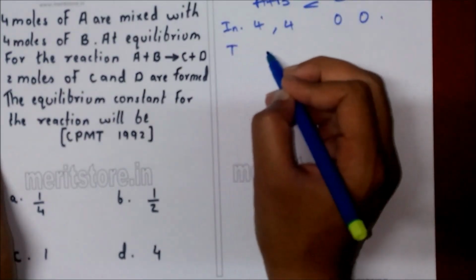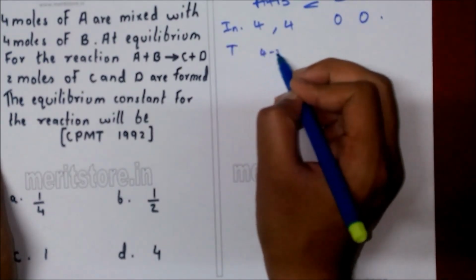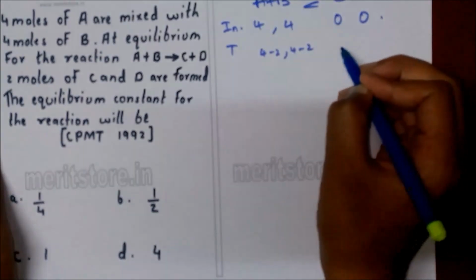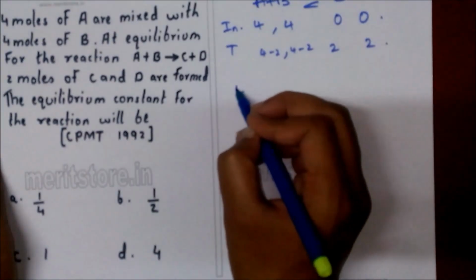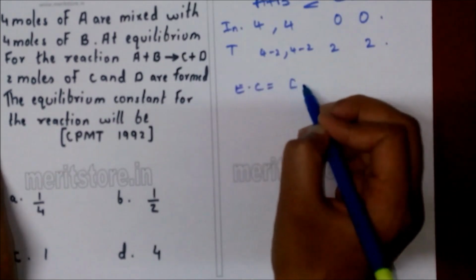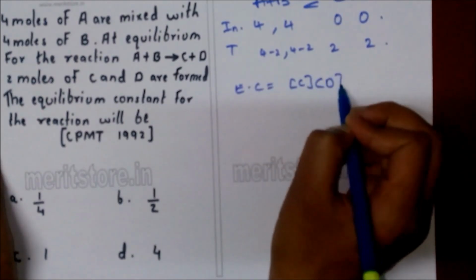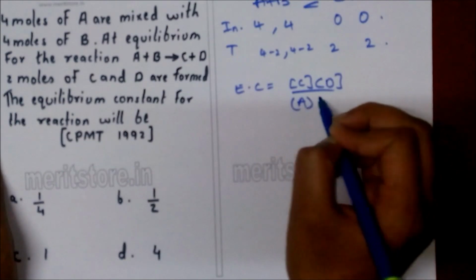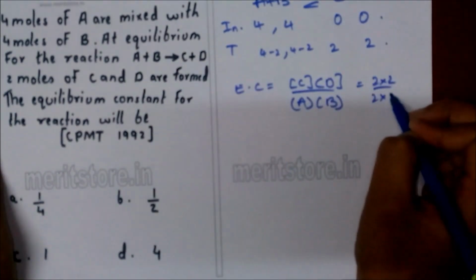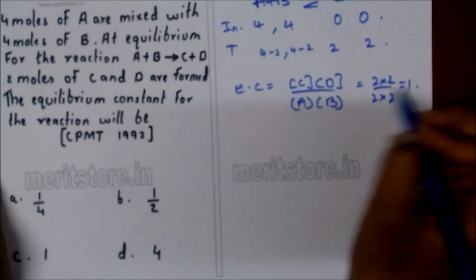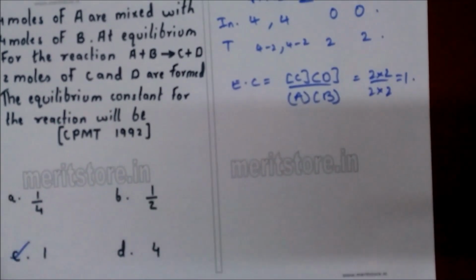After time t, we get 4 minus 2, 4 minus 2, 2 and 2. So the equilibrium constant is equal to [C][D] upon [A][B], which is 2 into 2 upon 2 into 2, equal to 1. So option C is the correct answer.